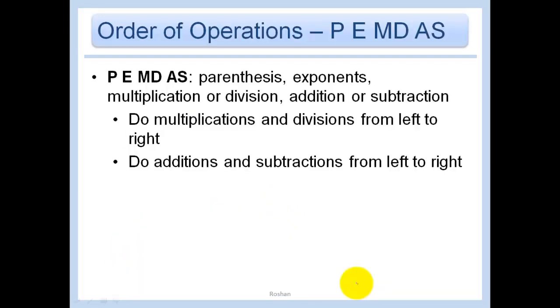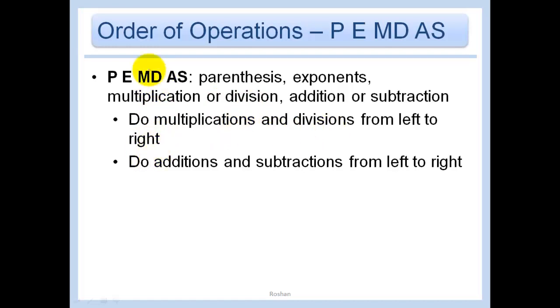Order of operations. PEMDAS is a way that you can shorten it, an abbreviation for order of operations, but it stands for parentheses, exponents, multiplication or division, addition or subtraction. And I want to emphasize that multiplication or division, you do from left to right.